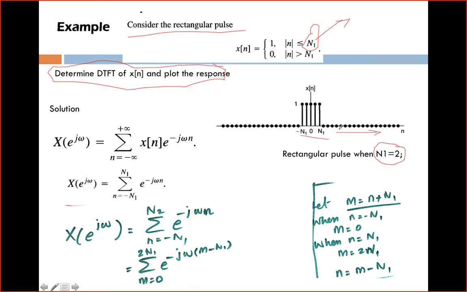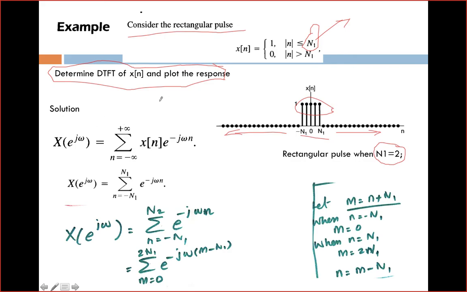This is for this special case, this is not the case for all n1. n1 may be any value, you can take anything, it may be 2 or 5 or 100 or 1000. n1 is equal to 2 means the samples are available only from minus n1 to n1. I have only 5 samples, and for the rest, x of n is equal to 0. For this particular case, we are going to find the solution for this problem.